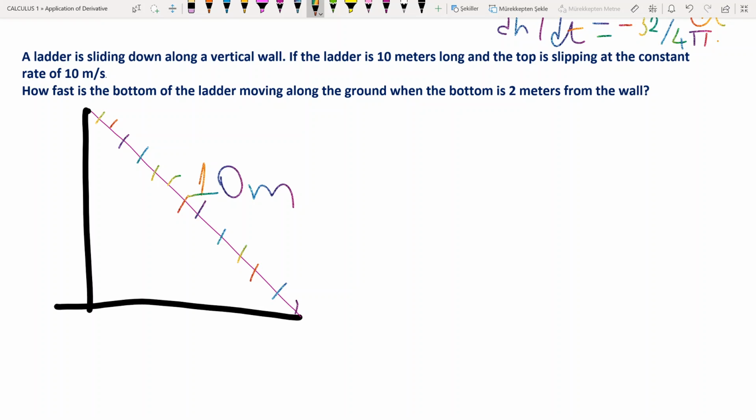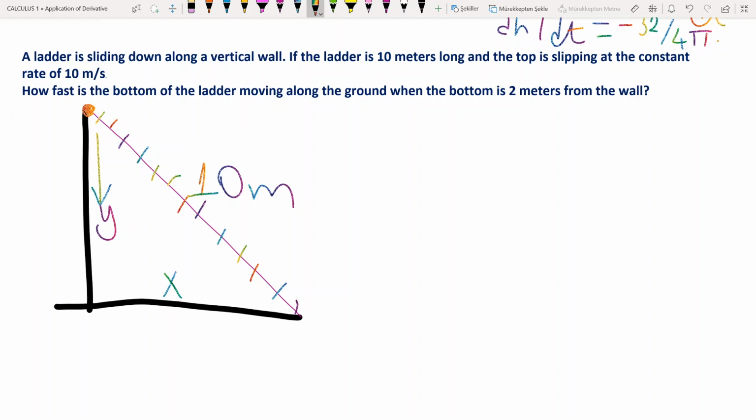What else? This ladder is sliding down along a vertical wall. If the ladder is 10 meters long and the top is slipping at a constant rate, let's say this vertical line is y and the ground is x.